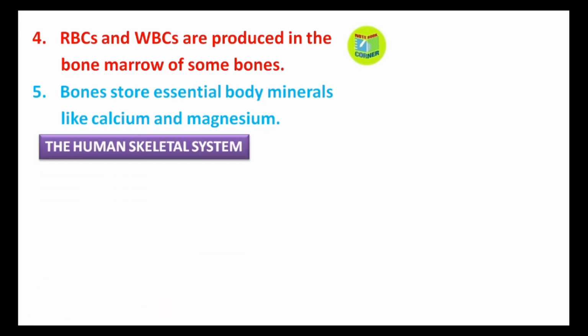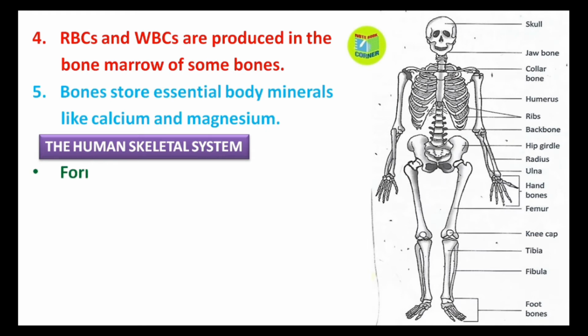The human skeletal system. The human skeleton is formed of 206 bones. Though a newborn child has 300 bones, some of them fuse as the baby grows and only 206 bones are found in an adult.